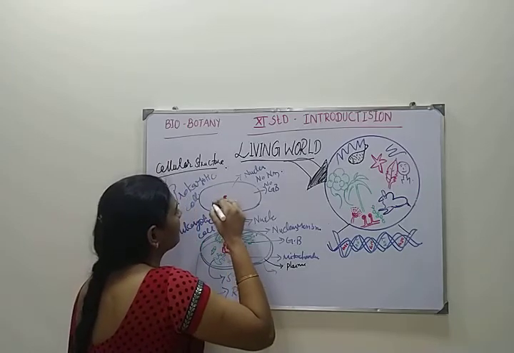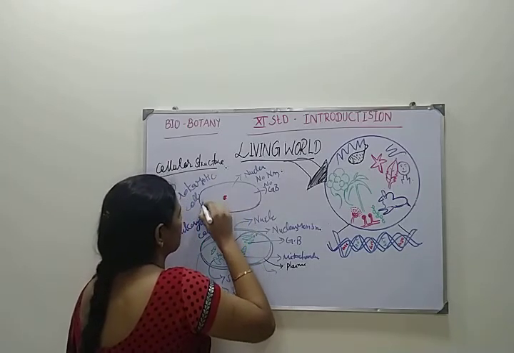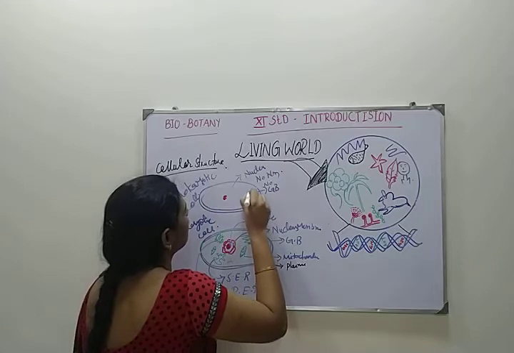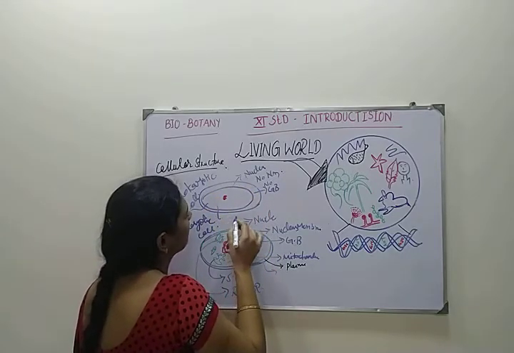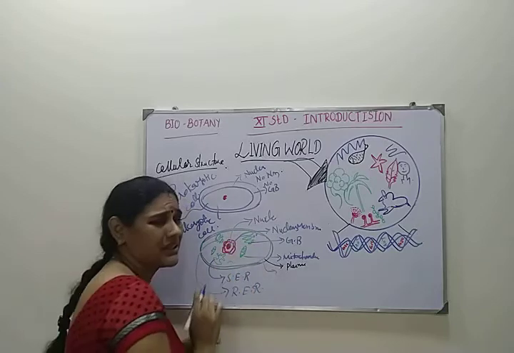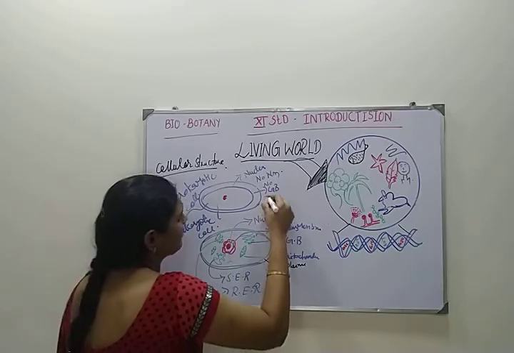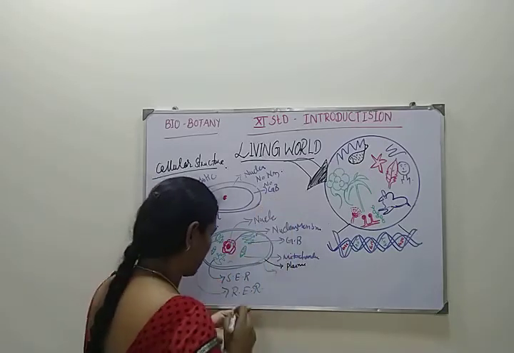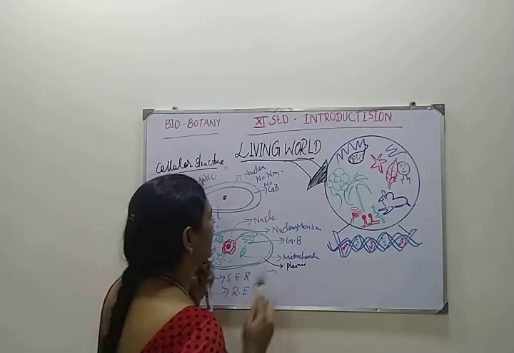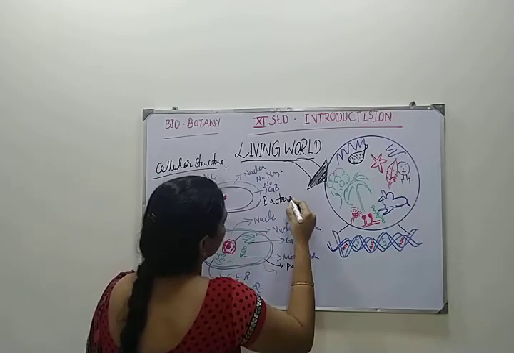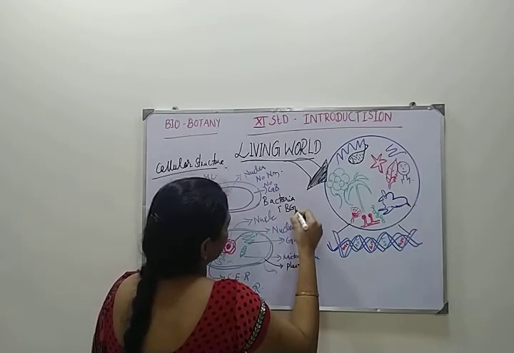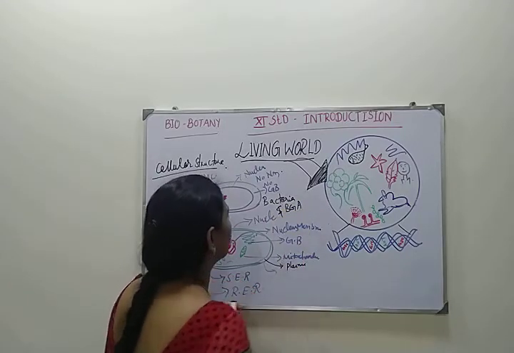Instead of that, there is one plasma membrane, pili, flagella. So these things will be there. Examples of prokaryotes, I'll write in some other color: bacteria and blue green algae. BGA means blue green algae.